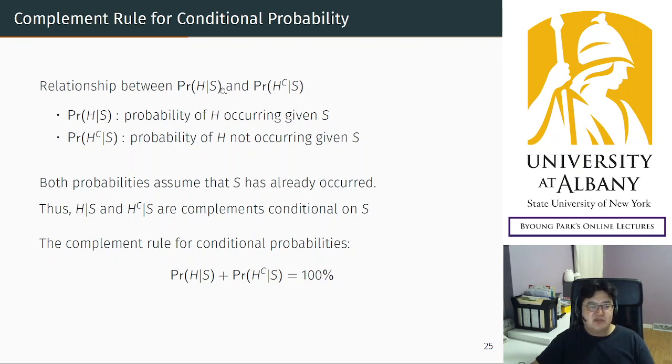Sometimes people make the mistake, they tend to put the complement on the condition, but that's not right. You maintain the same condition, but take the complement of the main event of interest. So this is the complement rule for conditional probability. The idea is the same, simple. Given the same condition, it's either yes or no. So it should be 100%.